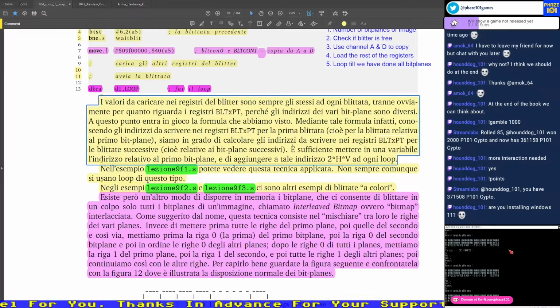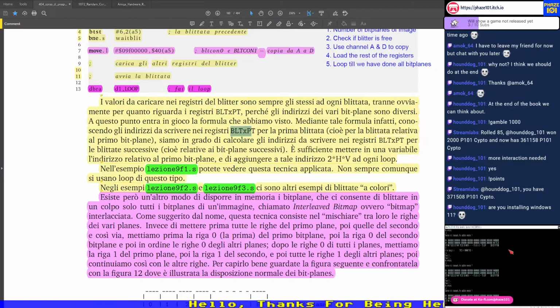By knowing the bit plane address of the first blit, we can add the bit plane size to the blitter address pointers and do the next blit for the second bit plane. And remember, we just need to update the bit plane pointers.